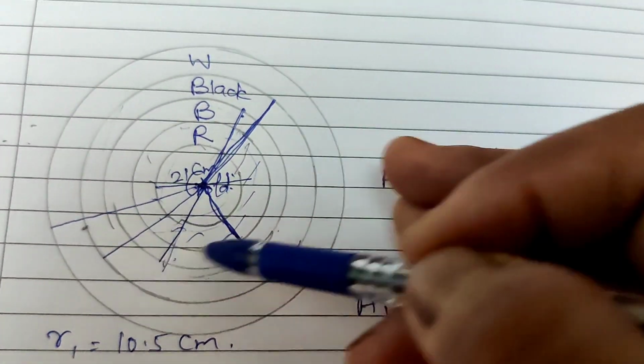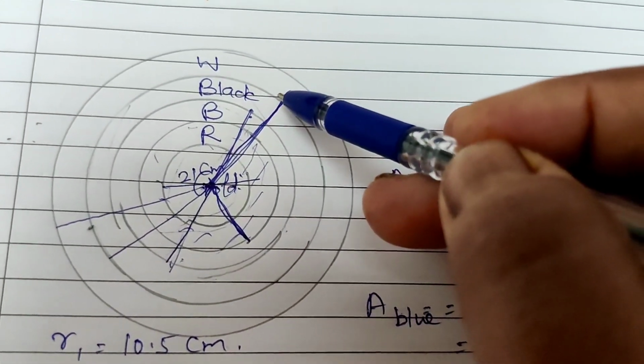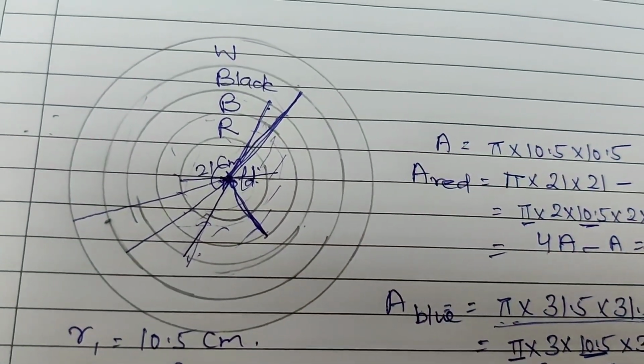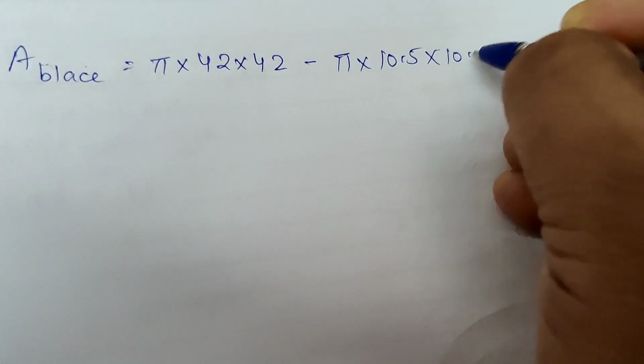The area of black ring equal to area of this bigger circle minus smaller circle.